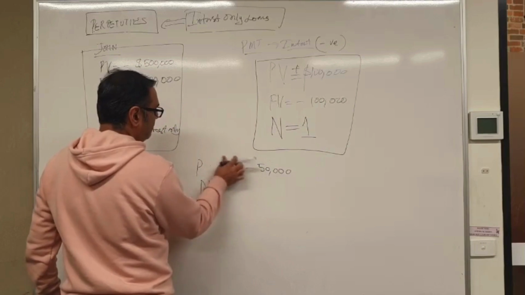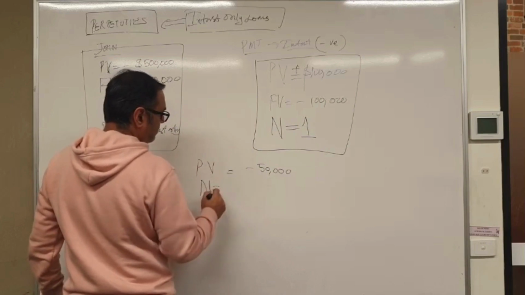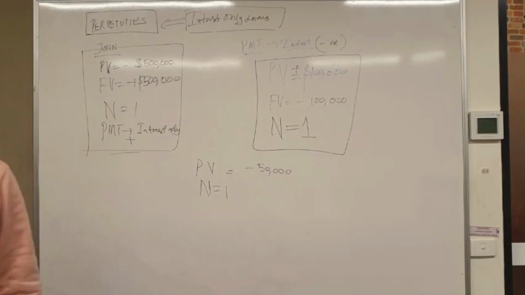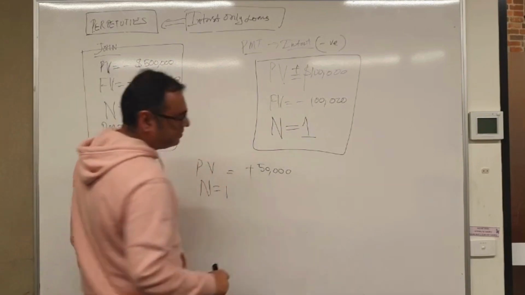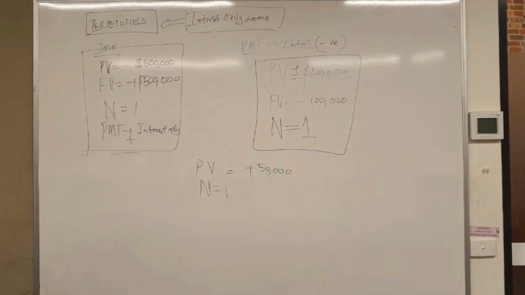Sorry, not the PMT, the PV, my bad. N equals 1. Isn't it positive 50,000? Yeah, positive. Correct. I wrote PMT and I wrote negative, sorry. PV positive 50,000, N equals 1.